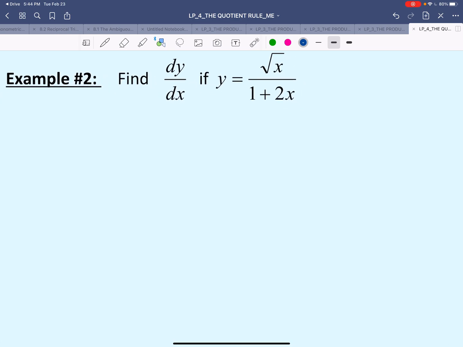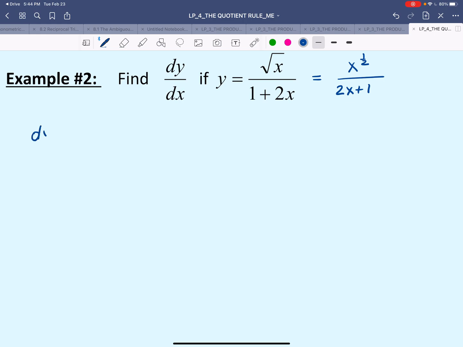Now, as we've mentioned before, it's very important whenever you have radical terms, convert them into powers. So rewrite this equation in the form x to the power of 1/2 over 1 plus 2x. And you know what? Even the denominator, rewrite it as 2x plus 1 so that you have the terms listed from highest to lowest degree.